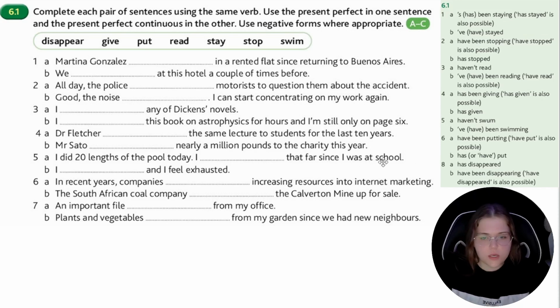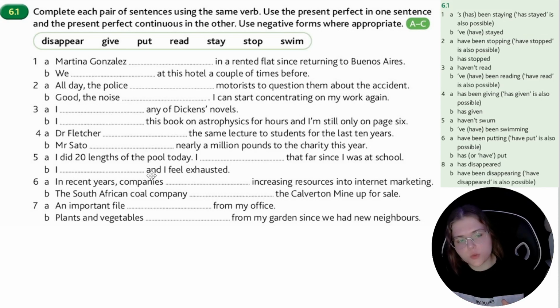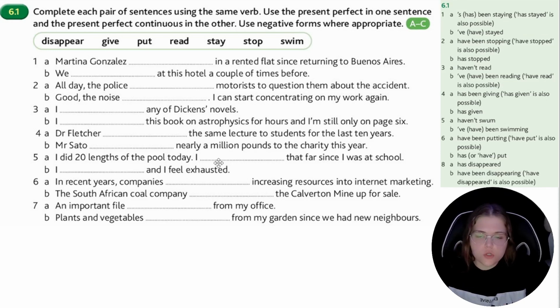Since I was at school means that this is only about the effect by the present moment. And I have been swimming and I feel exhausted. I have been swimming. It was very long and that is why I'm so tired now. This is the result of a very long action.